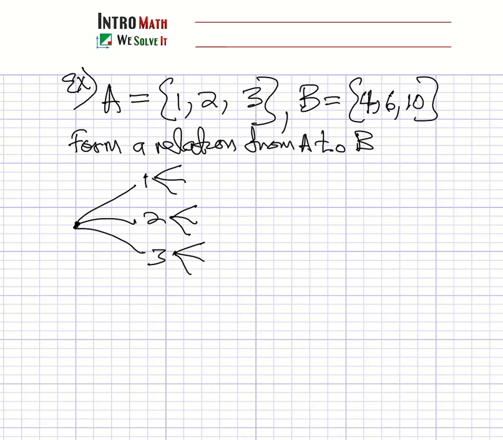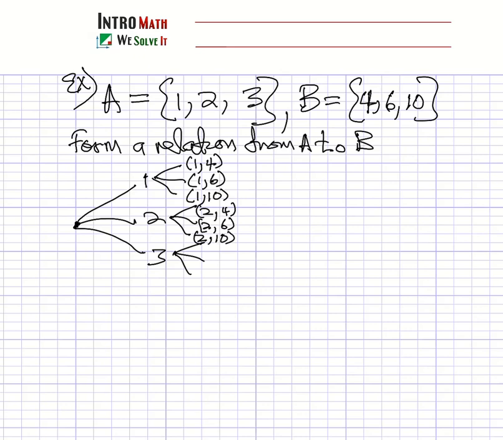Now you go 1 and 4, 1 and 6, and then 1 and 10. And then you continue, you move to 2: 2 and 4, 2 and 6, and then 2 and 10.